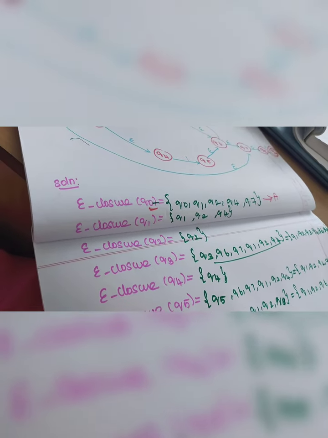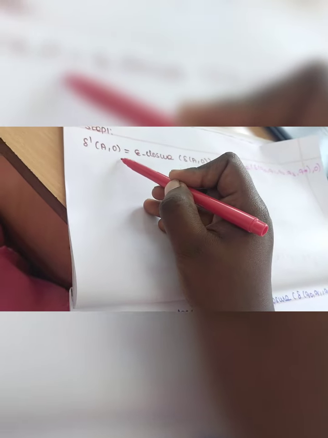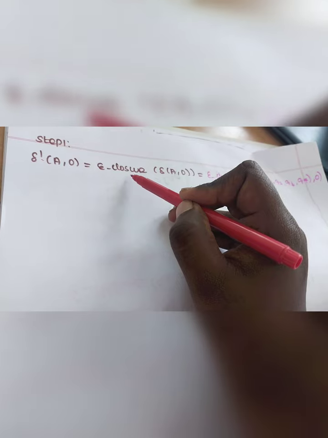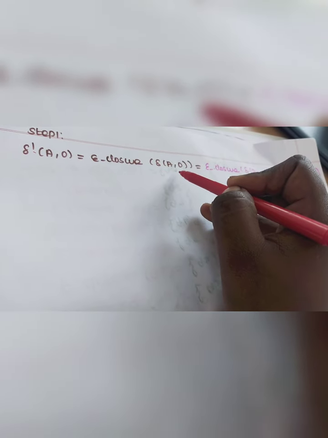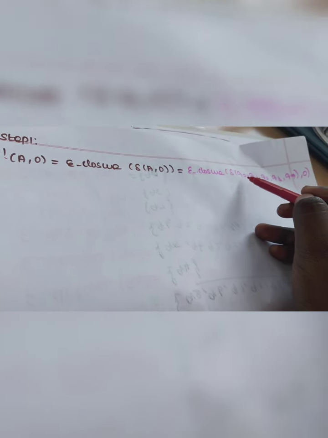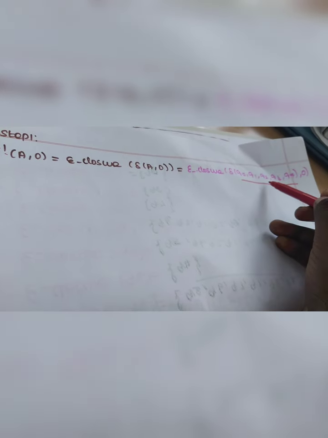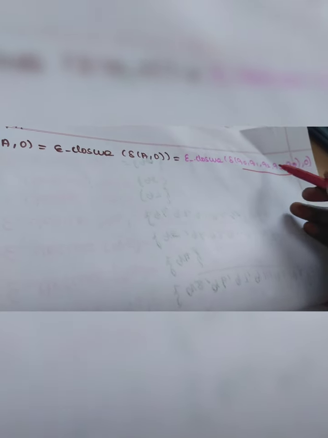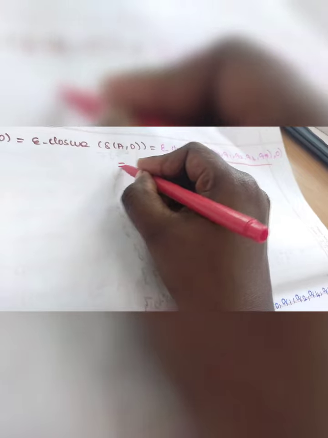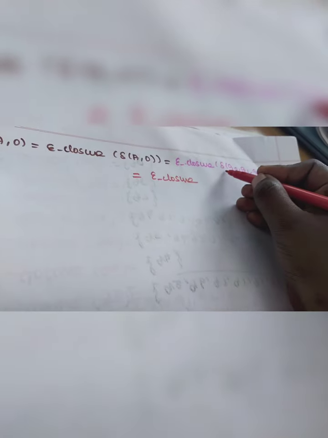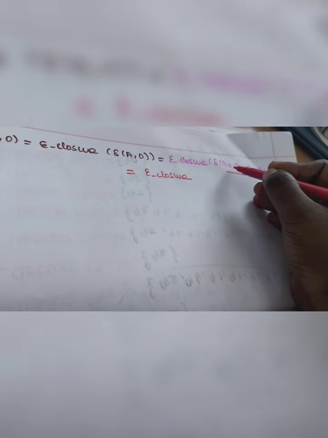So you process A with the input 0. Delta dash of A comma 0, the formula is epsilon closure of delta of A comma 0. The value of A we know from the first step, the epsilon closure of Q0. So I write this value. Then you find the epsilon closure of delta of Q0 with the input 0.